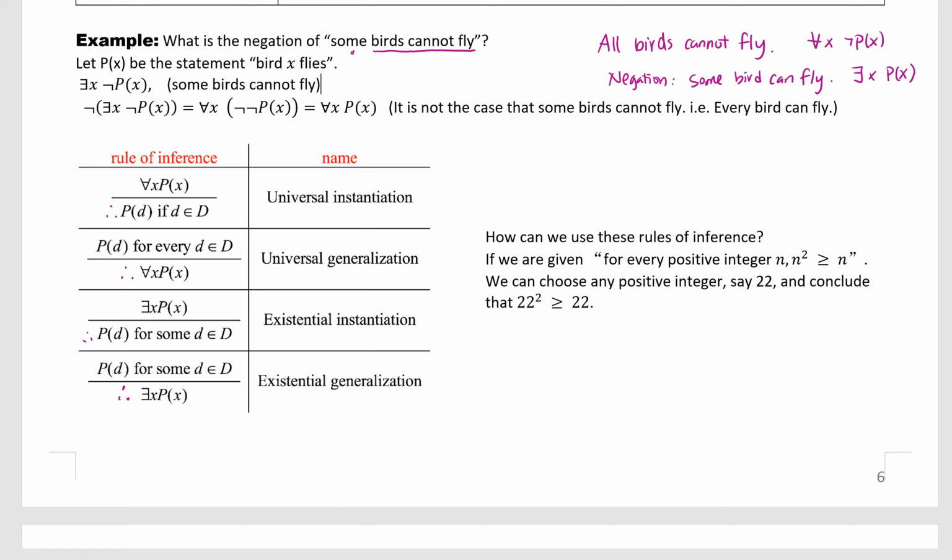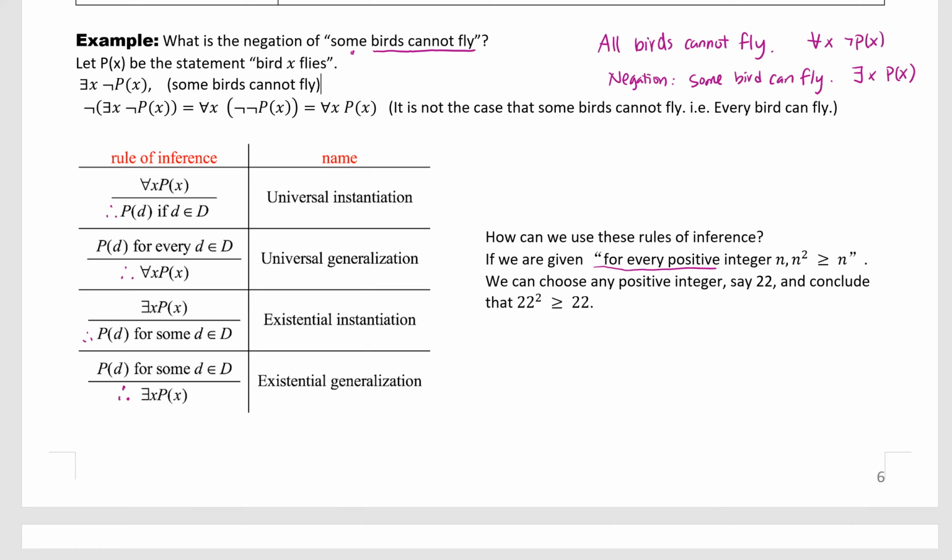Okay, how can we use these rules of inference? If we're given that for every positive integer n, n squared is greater than or equal to n, then we can choose any positive integer such as 22, and conclude that 22 squared is greater than or equal to 22. Which rule are we using?